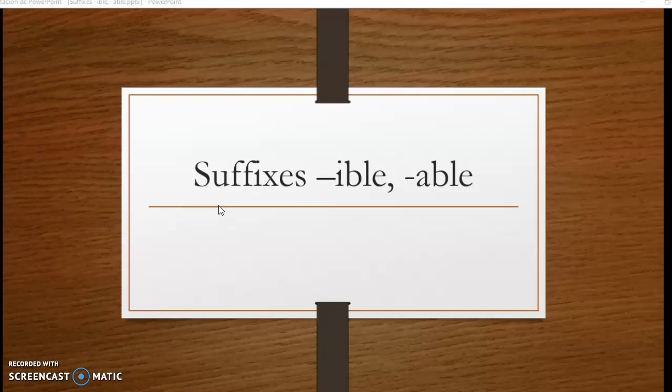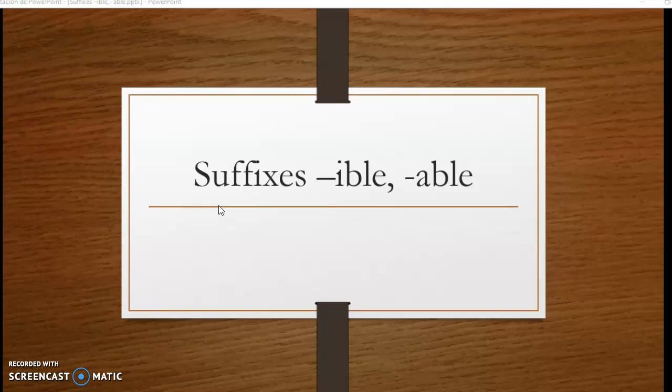But today's lesson is about suffixes. We're talking about the suffixes ible and able. These suffixes have the meaning that things can be suitable or capable, or they have the ability to do something.